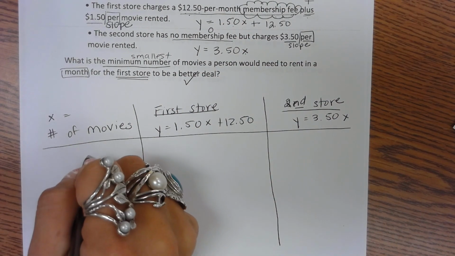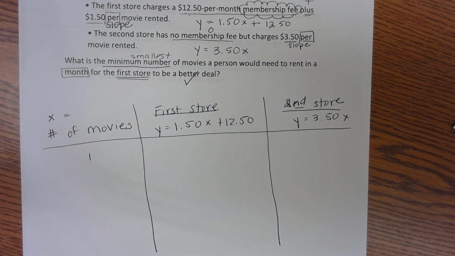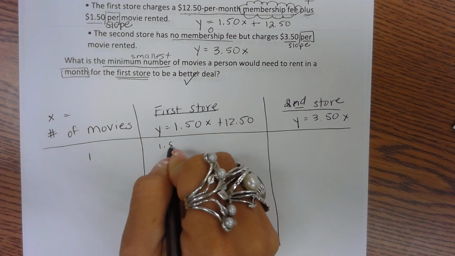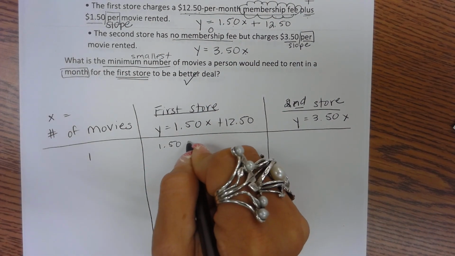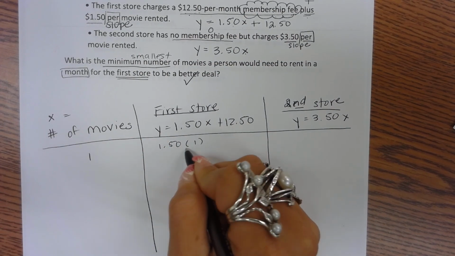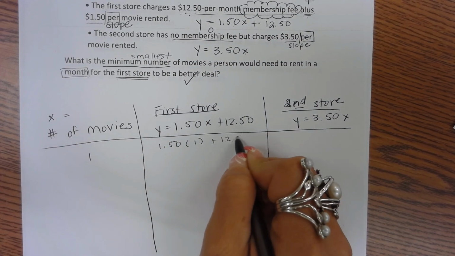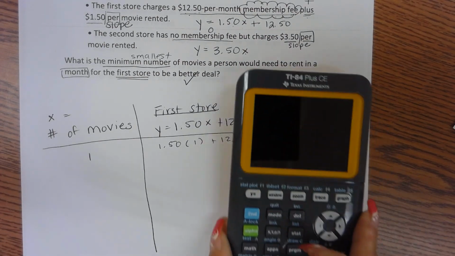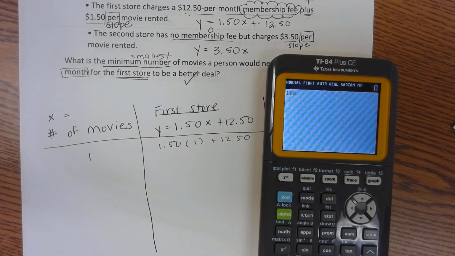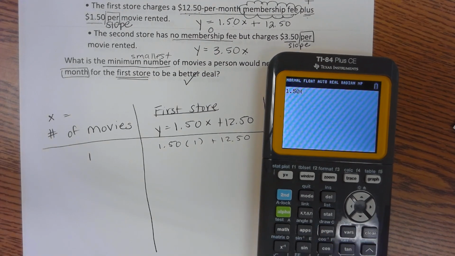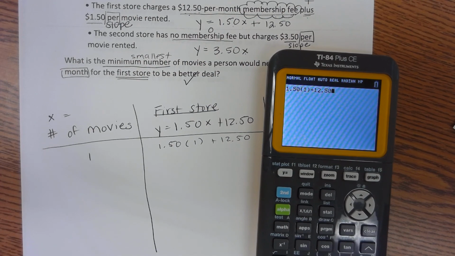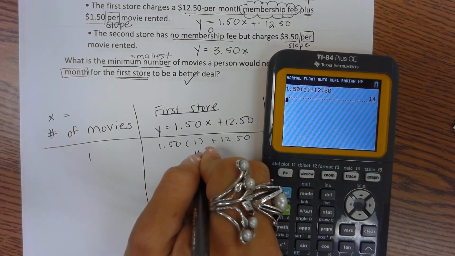So if I rented one movie, I'm going to plug it in. $1.50, and your X has now become 1, times 1 plus $12.50. And let's put it into our calculator. $1.50 times 1 movie plus the membership fee of $12.50 equals 14.